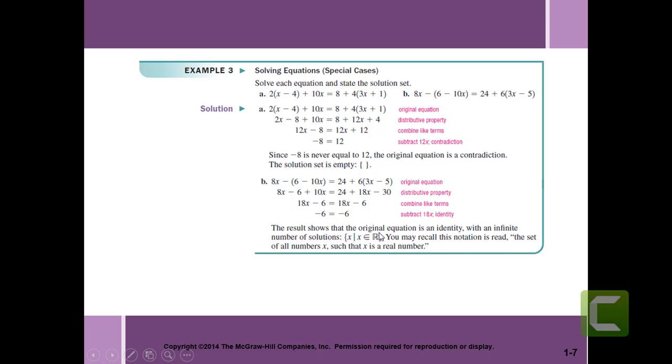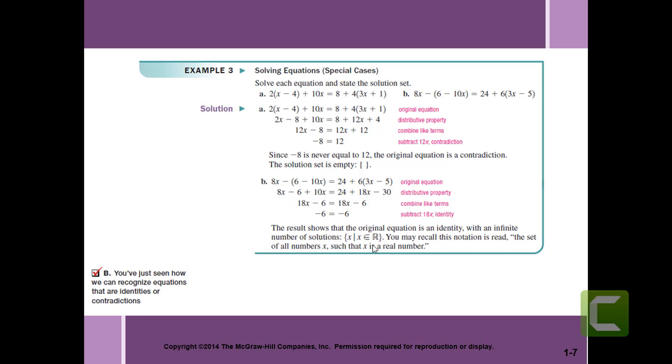Okay, so which means basically what qualifies to be in this set of all x. So the way you read this is this set of all x such that what follows is true, which means that x is an element of, that's the symbol for element of, the real numbers. So for all real numbers, x is a solution. Okay.